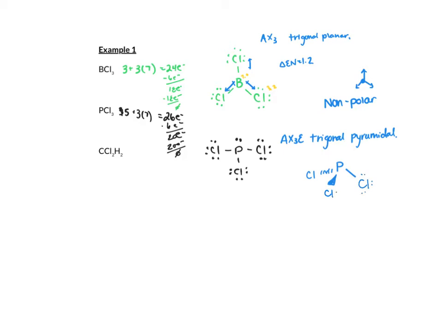All right, so now that we have our diagram here, remembering these angles are 107.3 between them. And even this chlorine to this chlorine around the backside is 107.3.